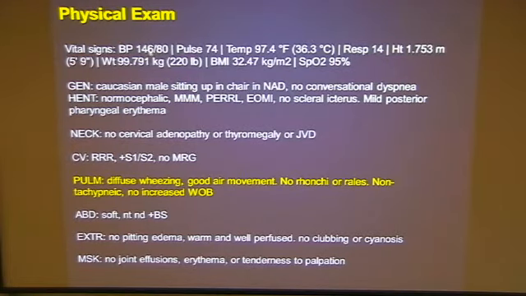Blood pressure, systolic a little bit high, but otherwise his vitals were pretty normal. Weight was 220 pounds, BMI 32. Otherwise, his exam was pretty unremarkable except for his lung exam, where he had diffuse wheezing, but good air movement, no rhonchi or rales, wasn't tachypneic, no increased work of breathing.